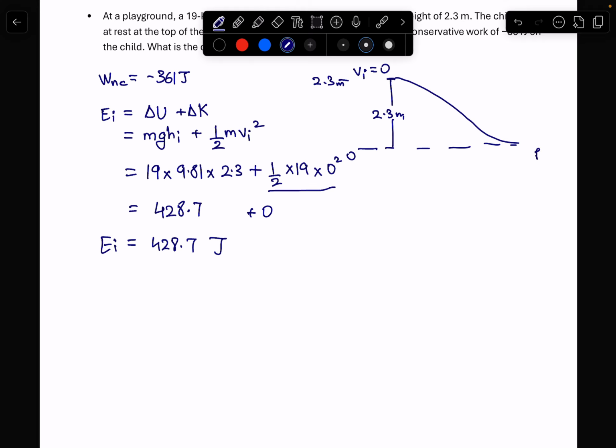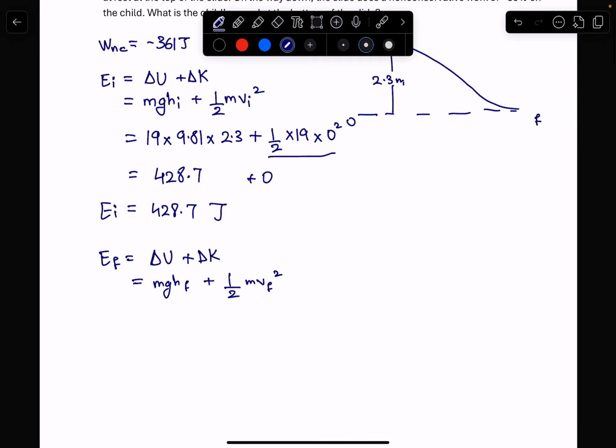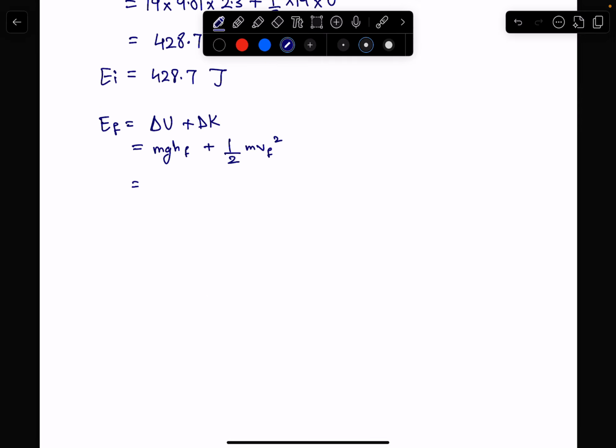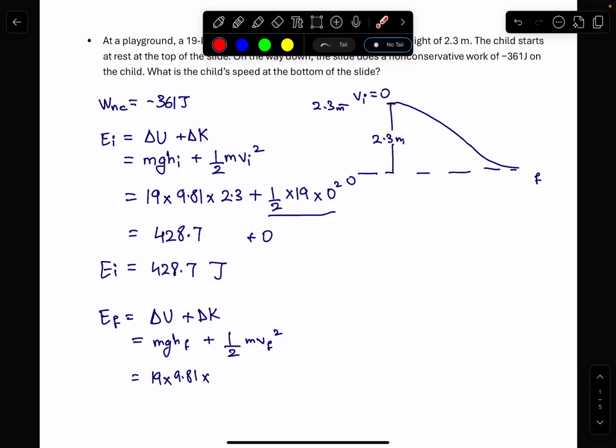Let's look at my final energy. Final energy is, again, delta U plus delta K. So mgh final plus half m v final squared is equal to 19 times 9.81 times. So now my final height is 0.